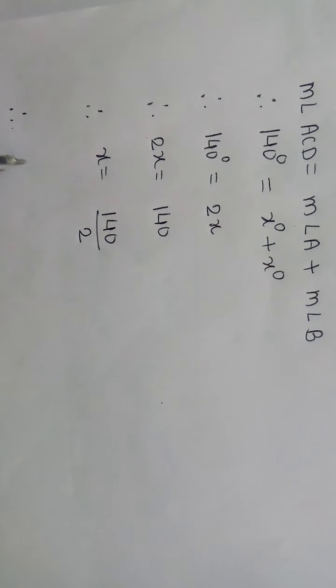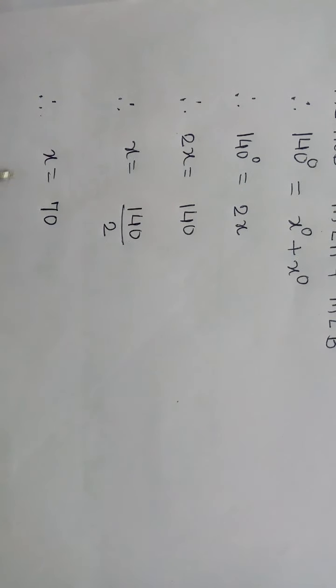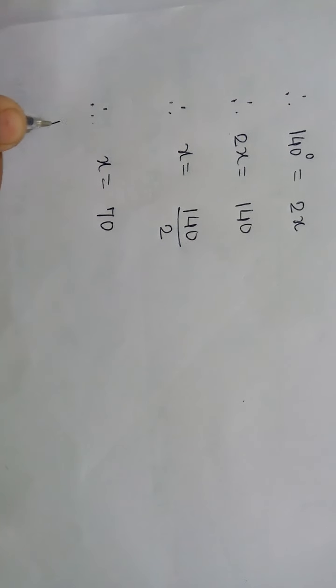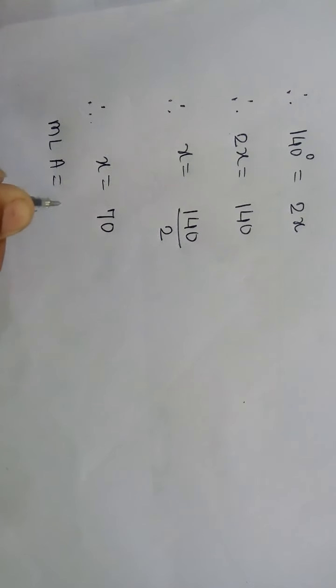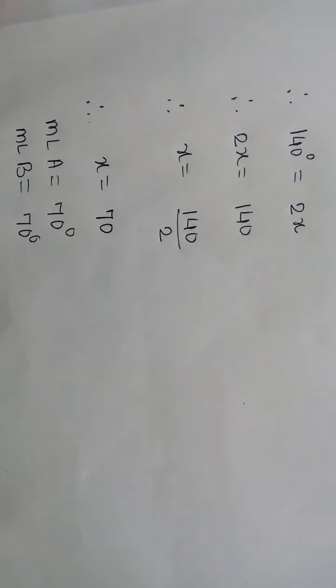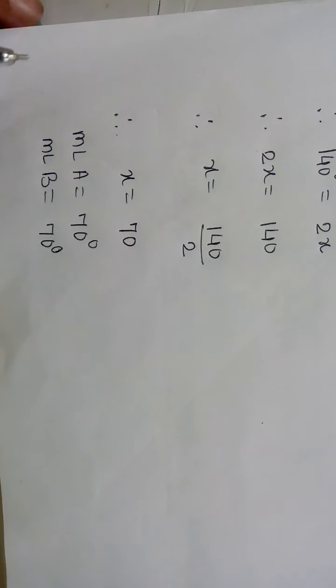Therefore x is equal to 140 divided by 2, which is 70. Means we got the value of x as 70. And what is that x? x is angle A and angle B. So we got the measurement of angle A and angle B. So we can write here: measure of angle A is equal to 70 degrees and measure of angle B is also 70 degrees. And this is the answer of our question.